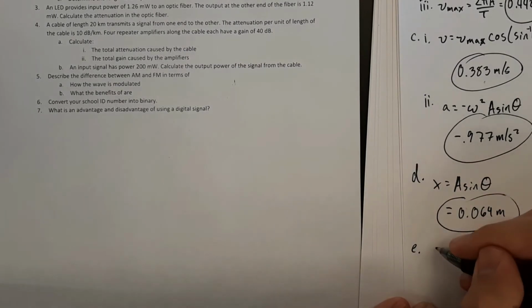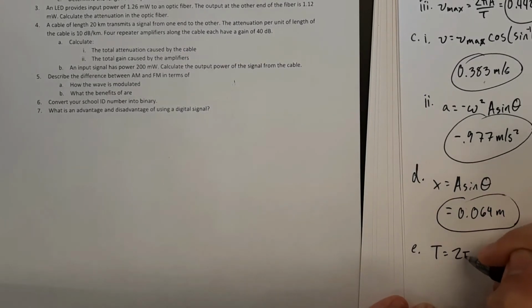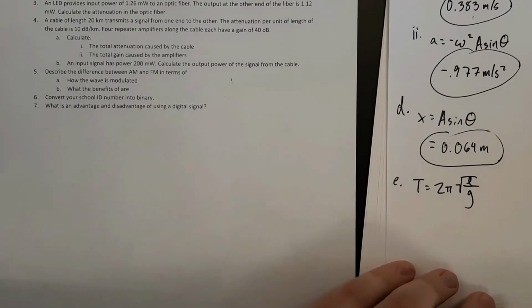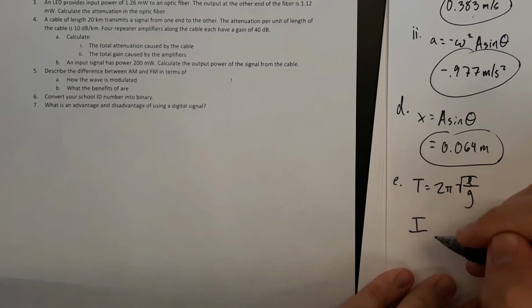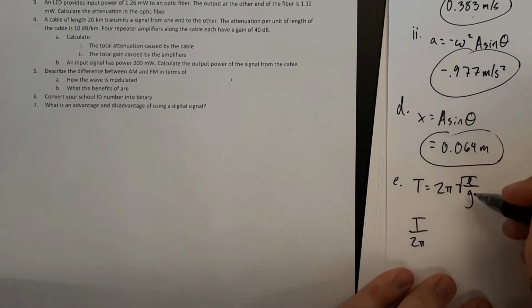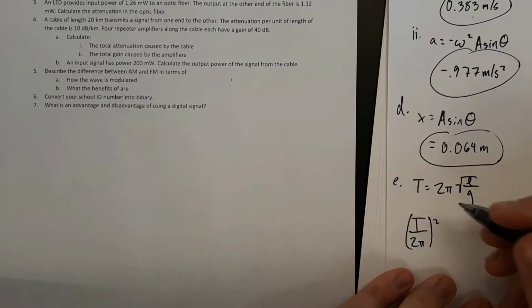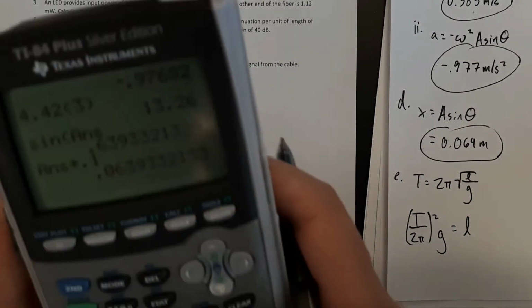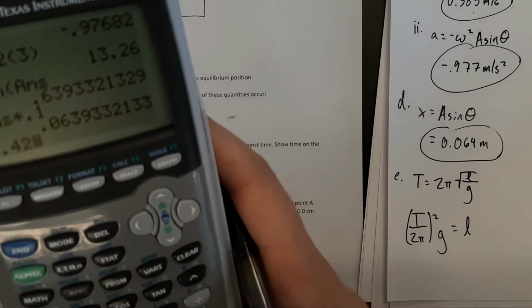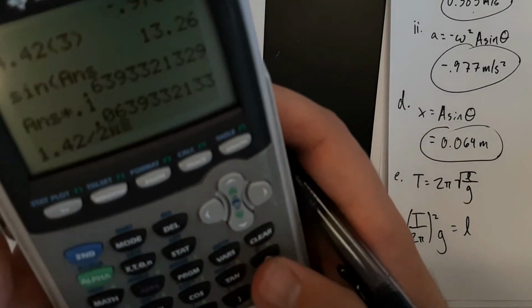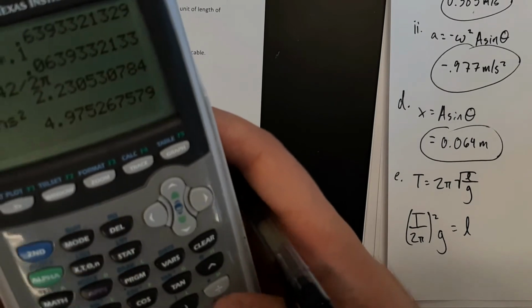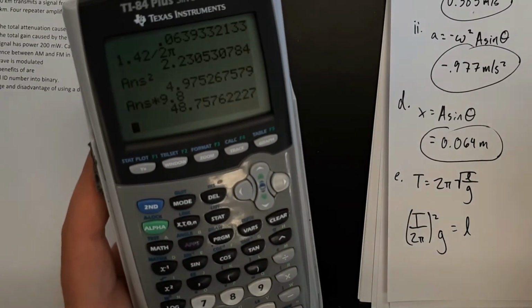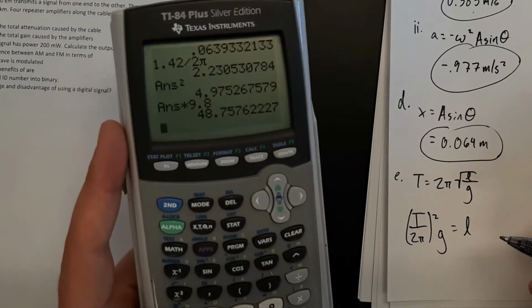For that, going back to this period equation, the period of a pendulum is 2 pi root L over g. We know g, we know T, we're looking for L. Moving this around, we got T over 2 pi, squaring that, and multiplying by g equals L. The period of this thing was 1.42 divided by 2 pi, squaring that and multiplying by 9.8, because we're assuming we're near the surface of the Earth.